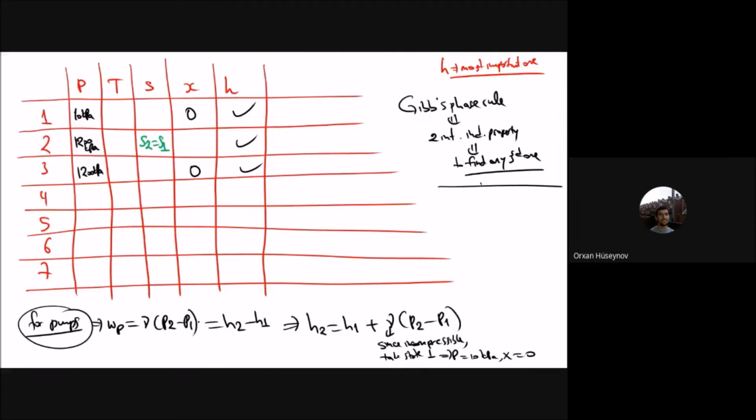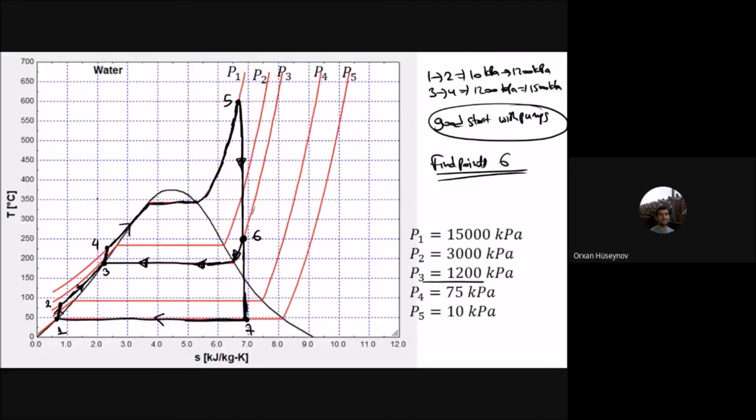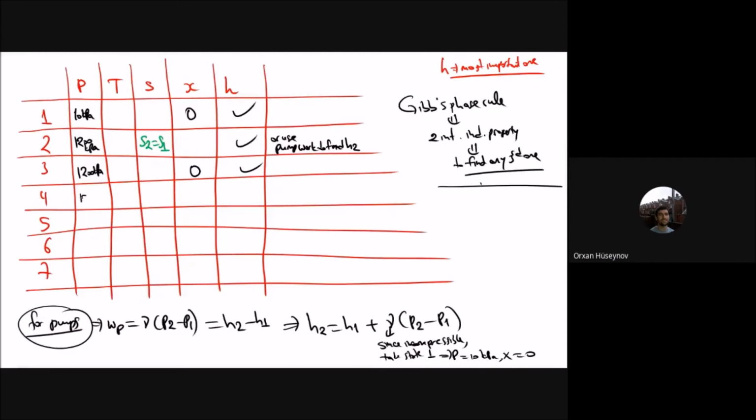Now comes state 4, and for state 4, it is again by using the pump relations. You can use the table, or use pump work to find enthalpy. State 4 goes from 3 to 4, which is 15 megapascals, 15,000 kilopascals.